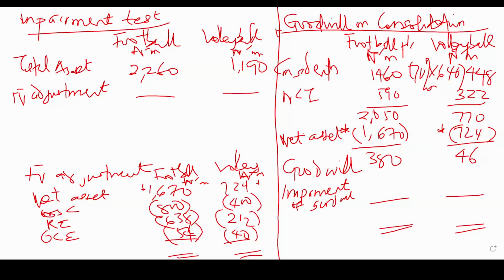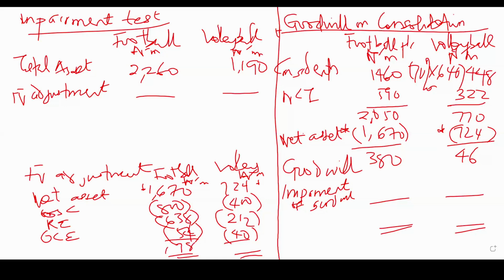You can see that the net asset that you have calculated is not up to what they said is the net asset. So what is left is the fair value adjustment. So please help me do 1670 minus 1492. 170.